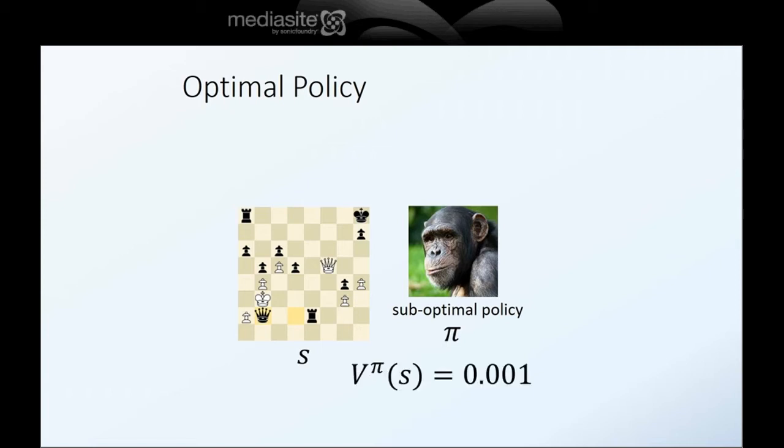Let's say the value for this guy is 0.001. Why is the value so low? That's because whatever action he'll take based on his policy pi will definitely not lead to a maximum of the total discounted reward. So the expected reward will be quite low, and that's why V pi S is also very low.